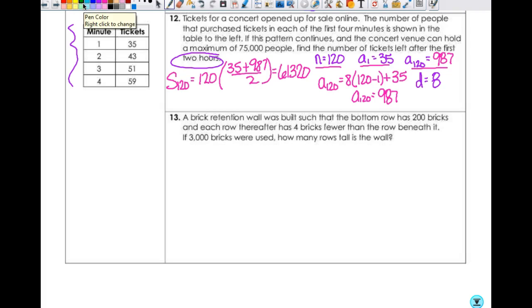So that gives me 61,320. Is that my final answer? No, because I have to make sure that I read the question. What does that number represent? How many tickets have sold in 2 hours?